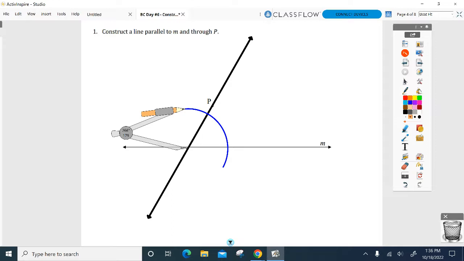Everyone good? You're going to go up to the ray now. Make sure you put your compass point on P, point P, and you're going to do that same arc. Make sure it intersects your transversal. That's all I care about.